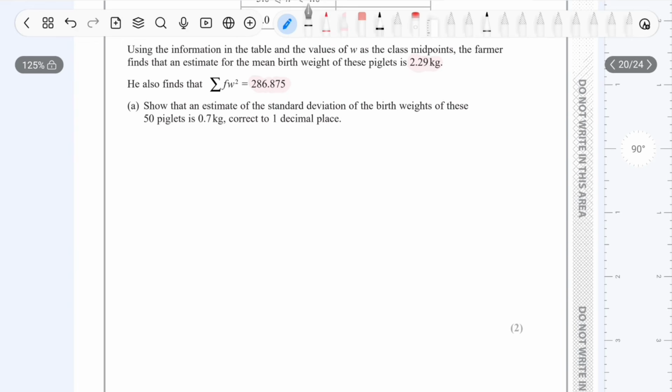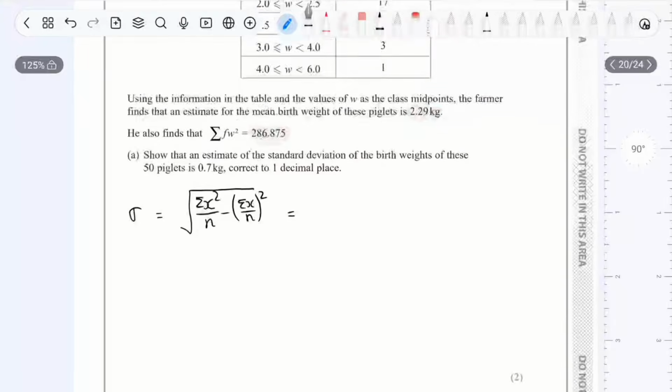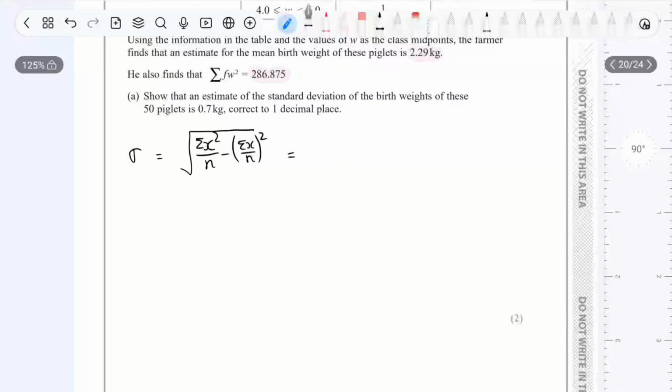Now, standard deviation in general is the sum of x squared over n minus the mean squared, which is sigma x over n, squared. For grouped frequency tables, it's slightly different, and you don't get given this formula.